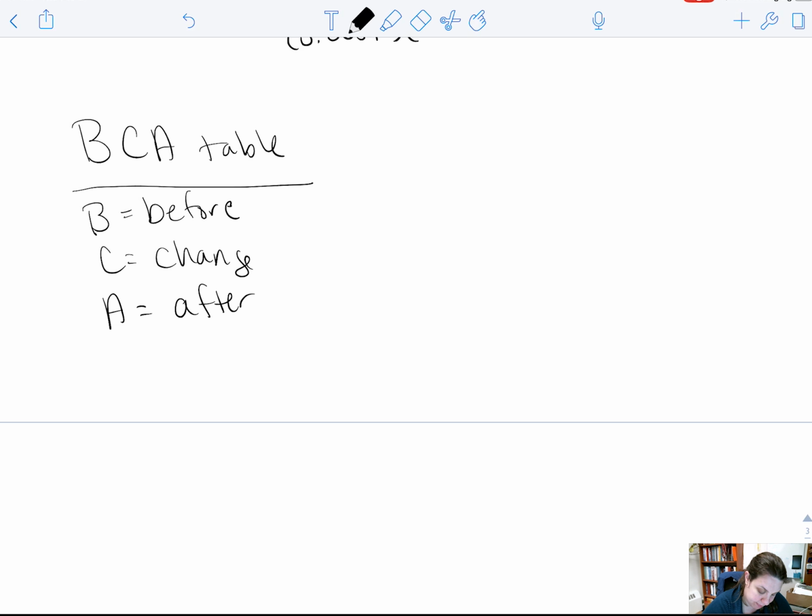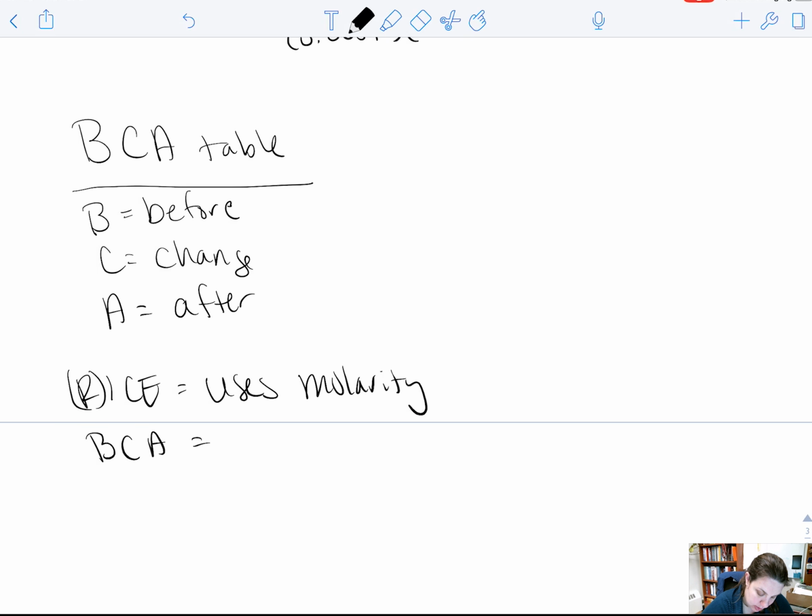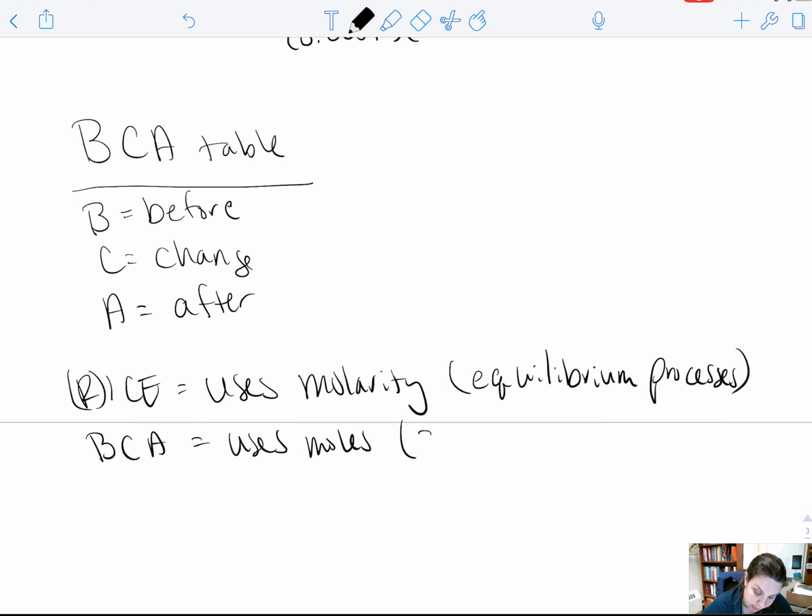Your ICE table, or RICE table, however you want to look at it, is going to use molarity. Our BCA table uses moles. So the RICE table is for equilibrium processes, while BCA is for stoichiometry.